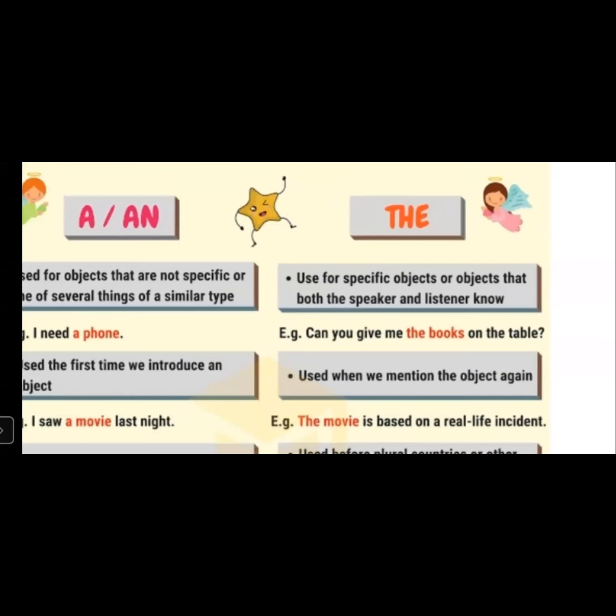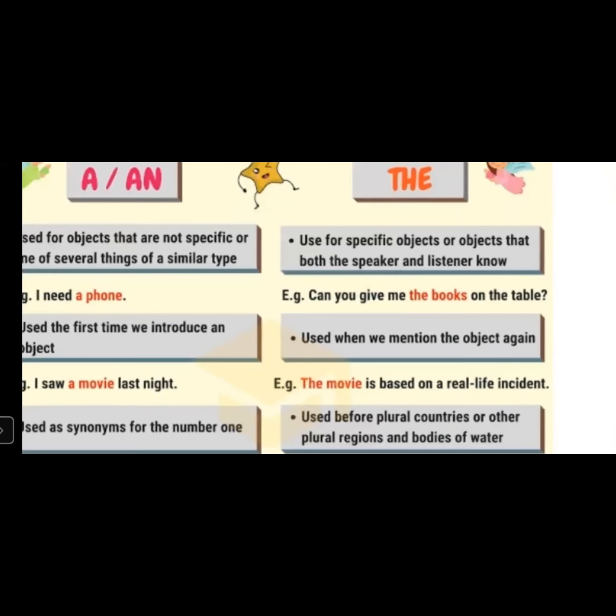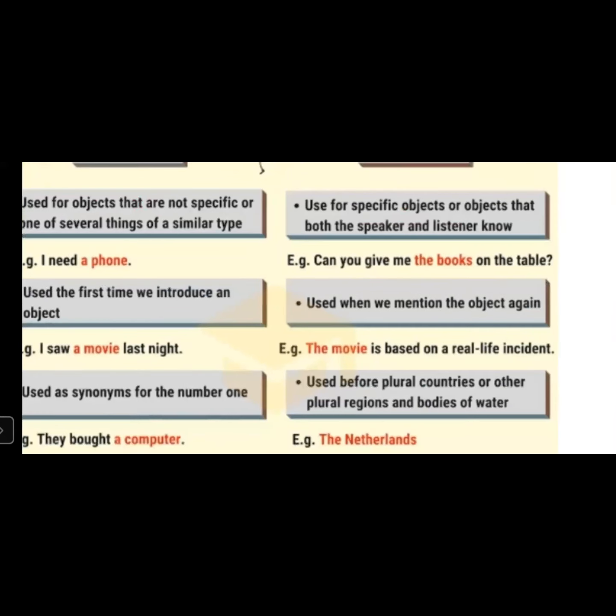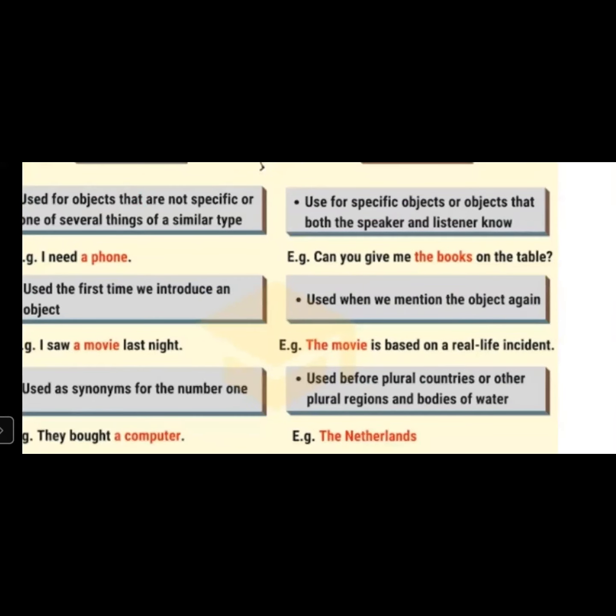If I want to tell you about one single book, what will I say? A book. But to speak about more than one, what will I say? The books. Can you give me the books on the table, or the book? Because when I want to explain it in a unique way, I will say the.